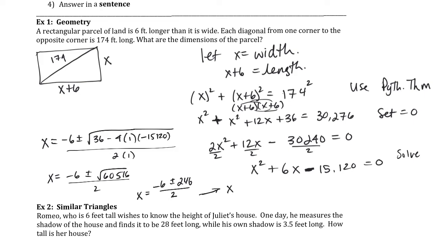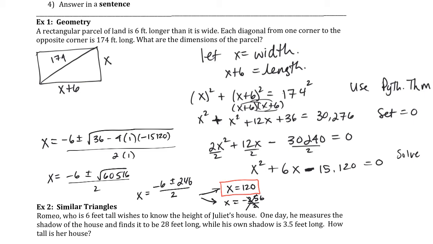A negative 6 plus 246 would be positive 240 divided by 2 is equal to 120. And then when we're subtracting it, we would get negative 252 divided by 2. But since this is distance, that one doesn't make sense. So okay, that is the one.